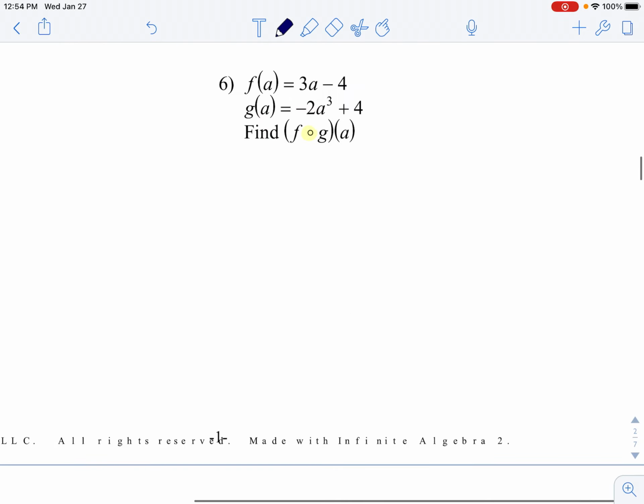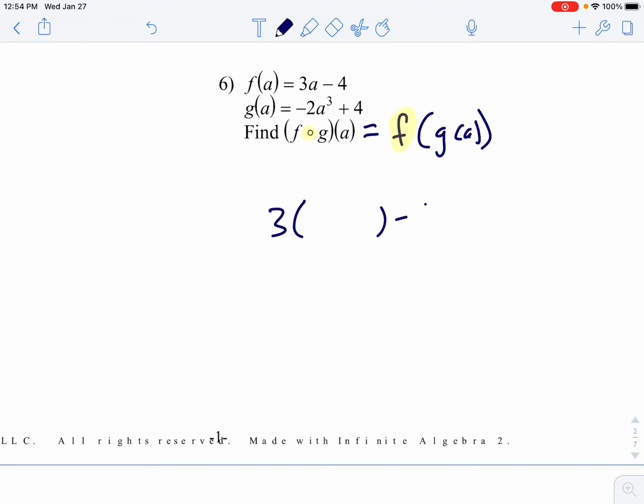Number 6. Again, f of g of a. You're going to write the first function down first, 3a minus 4. I'm sounding like a broken record here. I'm repeating the same thing over and over because I want it to sound clear, consistent, something that you can follow. So 3a minus 4 is 3 parentheses minus 4. Inside of those parentheses, you write the second function, negative 2a cubed plus 4.